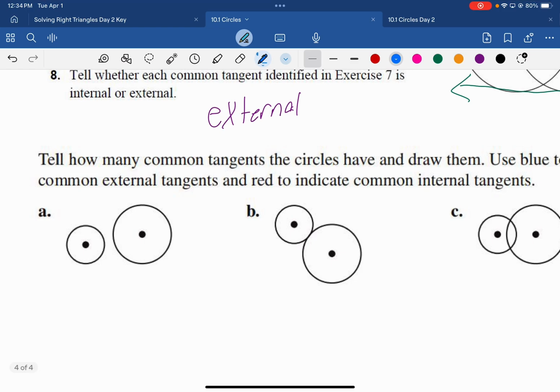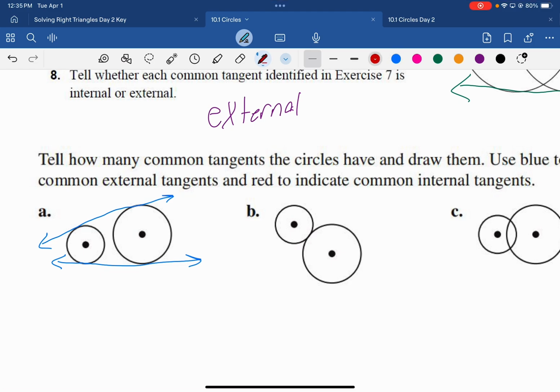Okay, across the top. Anywhere else for external? Across the bottom. Anywhere else external? If I go in between, that's going to become internal. You're right, but that'll be internal. Any more external before we go to internal?